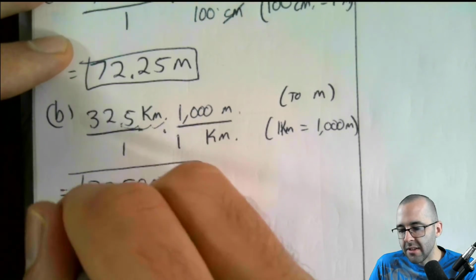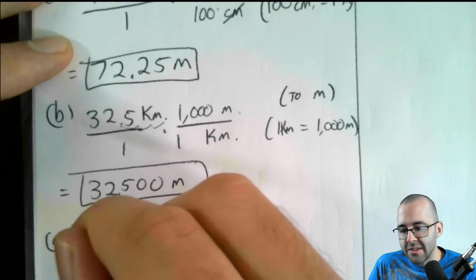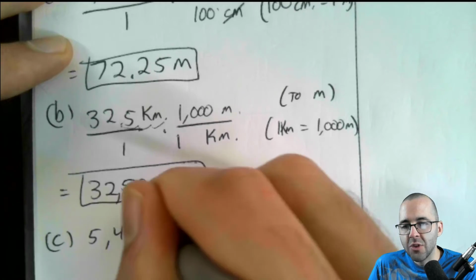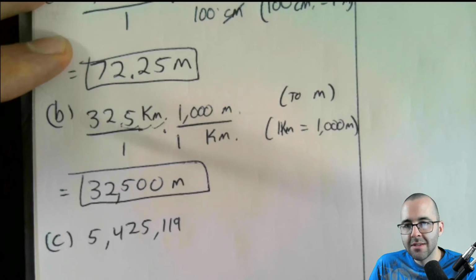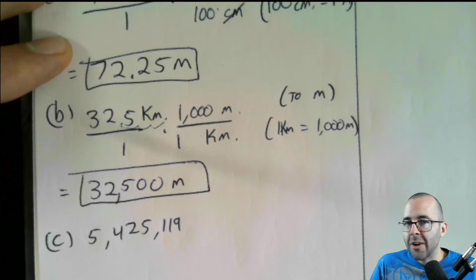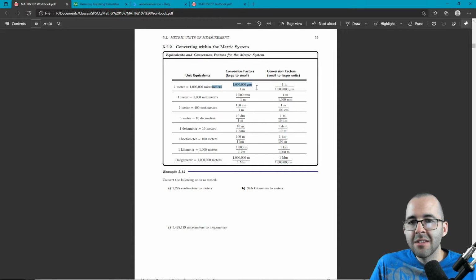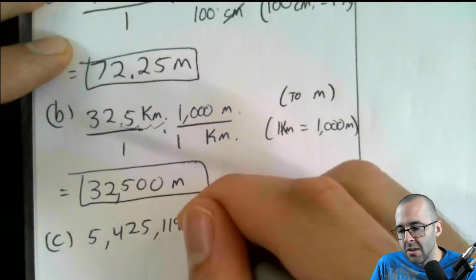Part C is a little bit more special, right? It wants us to convert 5,425,119 micrometers. Micrometers is not mm, that's millimeters. Micrometers is the Greek letter mu followed by m. It kind of looks like a U with a tail.